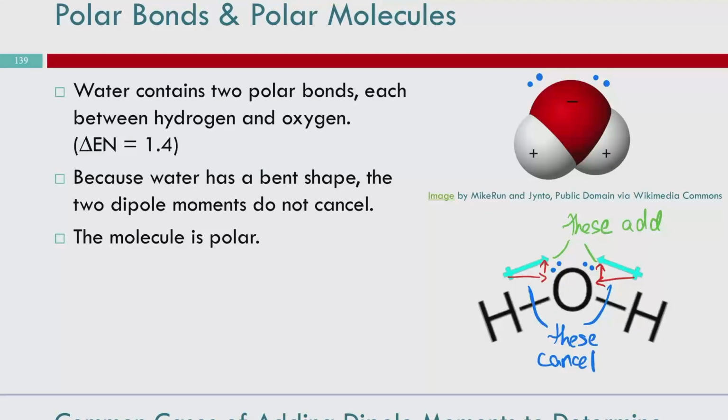And so the net force would be putting those 2 little arrows on top of each other. They didn't cancel out completely, so we've got a pull up in the way that we've drawn it here. We'd have these little plus signs. Because they didn't completely cancel out and we've got polar bonds, the molecule is polar.